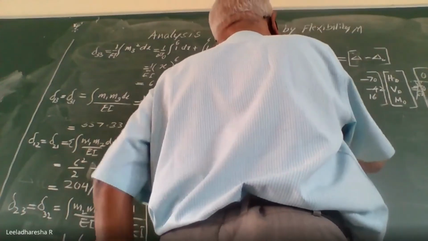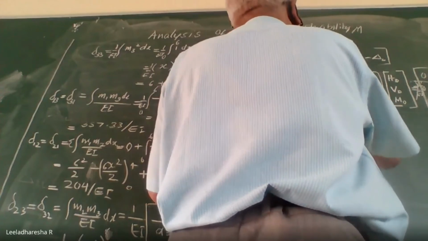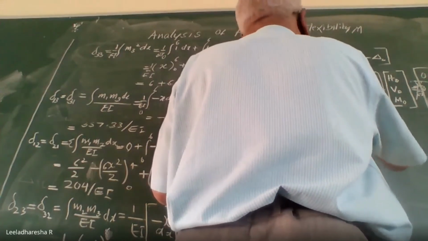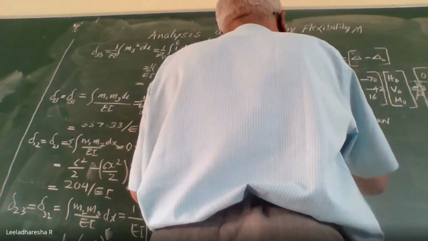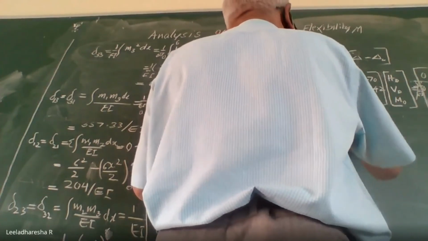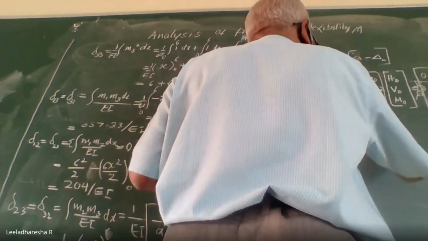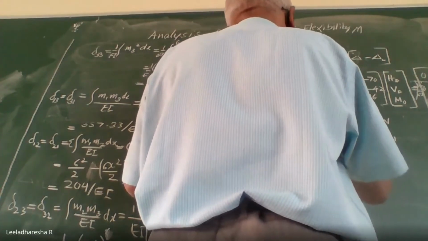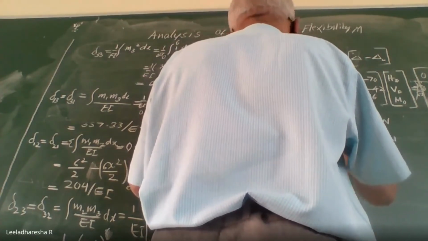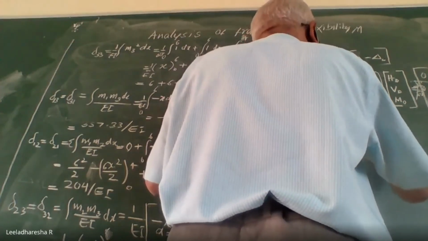You are going to get horizontal reaction equal to minus 23.69 kilonewton, and vertical reaction VD equal to 121.98 kilonewton, and MD, moment at D, is equal to minus 53.44.